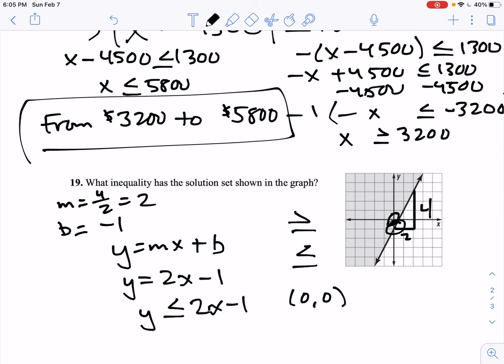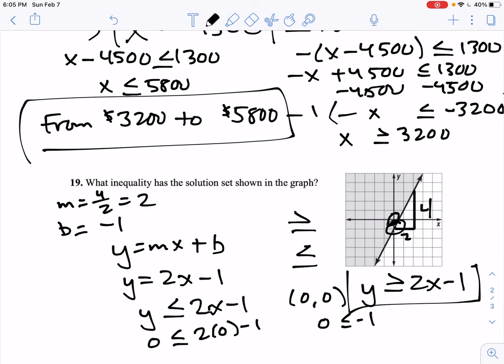The point 0, 0 is right there, and I know that's on the shaded side. So if I put this in this equation and this equation is correct, it will make it true. So 0 is less than or equal to 2 times 0 minus 1, which means 0 is less than or equal to negative 1, which it isn't. 0 is greater than negative 1. So I know that the finished version of this has to be this. You just turn the sign around.